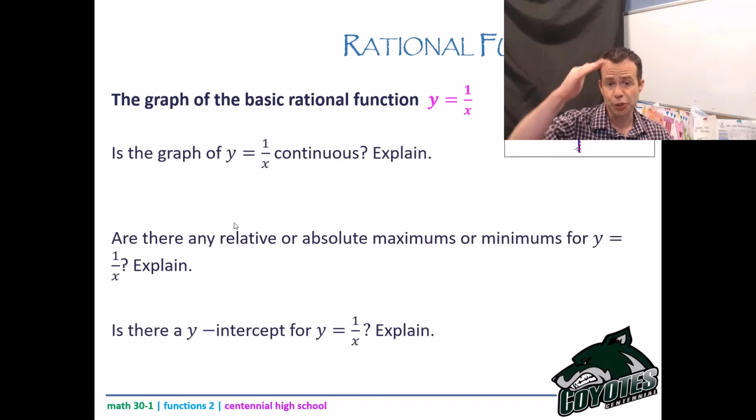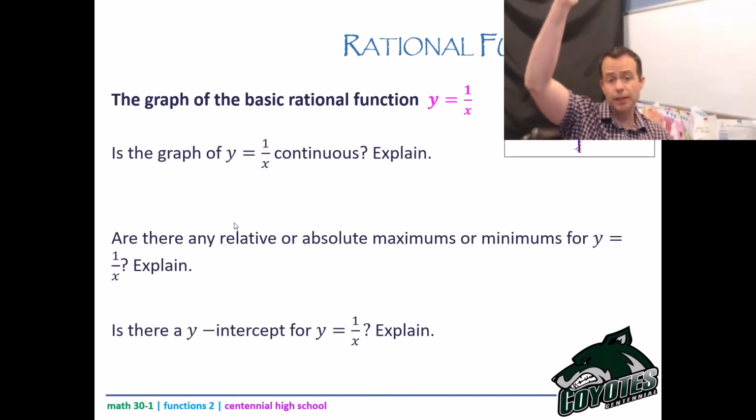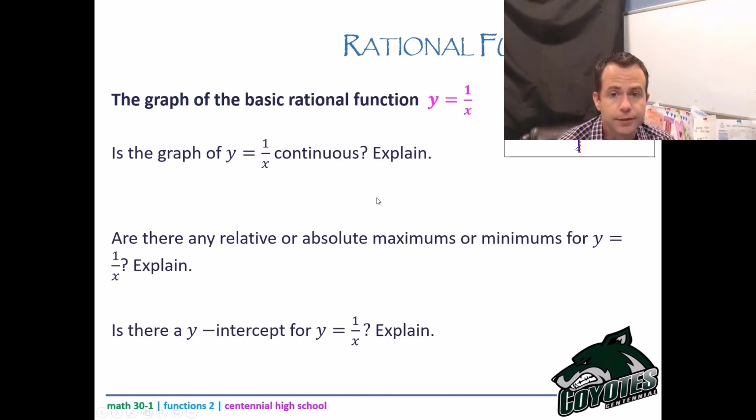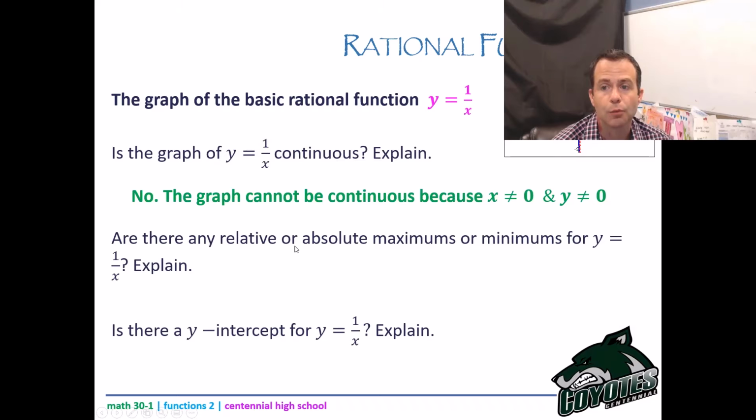When I shoot down to negative infinity as I approach 0 there, I then have to lift my pencil and go up to positive infinity to come down, right? So no, it is not continuous. X can't equal 0 and y can't equal 0, and those both cause me to lift my pencil, okay?